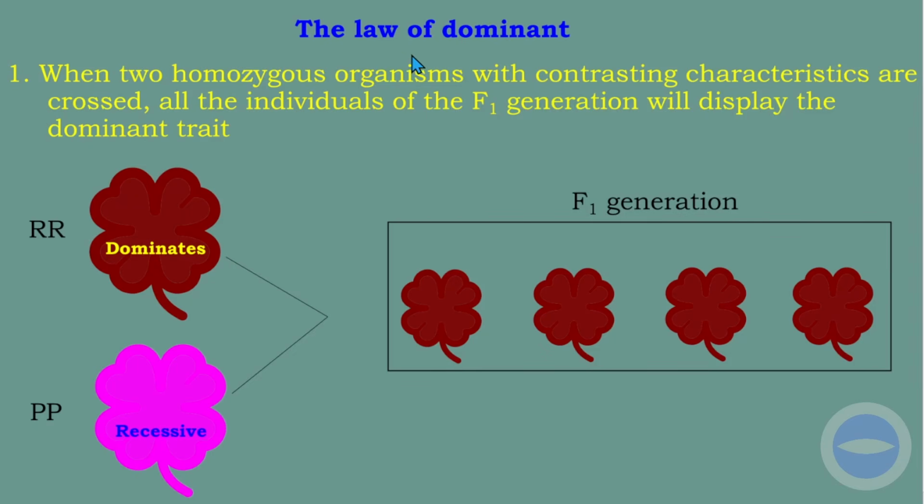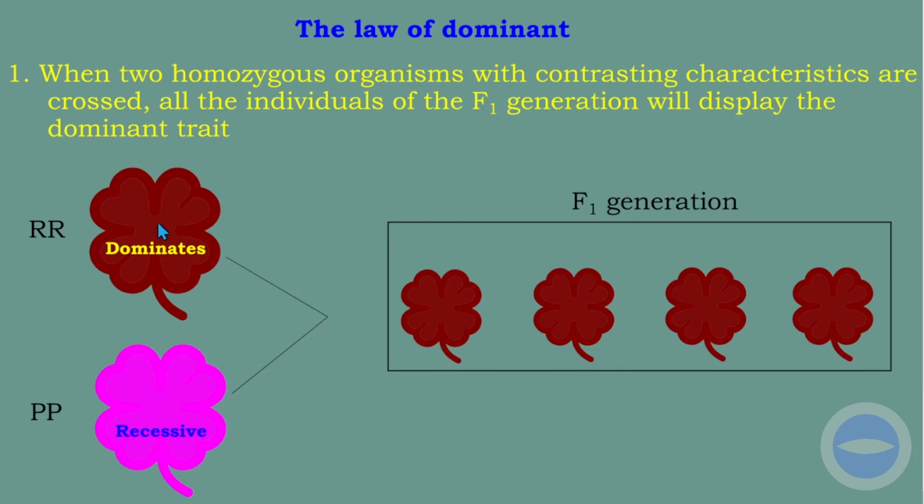The law of dominance says when two homozygous organisms with contrasting characteristics are crossed, all the individuals of the first generation will display the dominant trait. So here I make an example. I have a leaf here which is red, and red is dominating while purple is recessive.